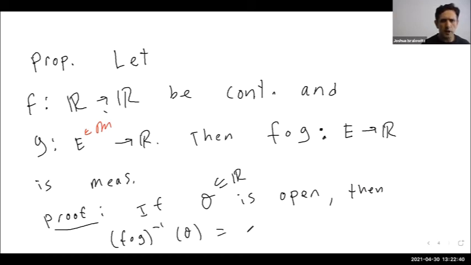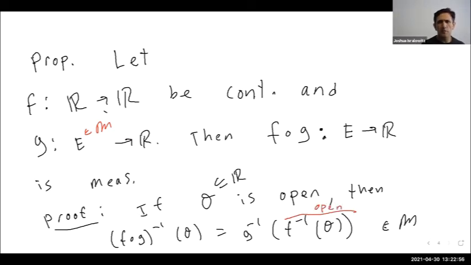This is going to be g inverse image, f inverse image of theta. Well, this is measurable because, and this is the key here, this is open. Maybe I'll just circle it. By continuity, this is an open set. And we know the inverse image of an open set is open. Okay. So yeah, that takes care of the proof.